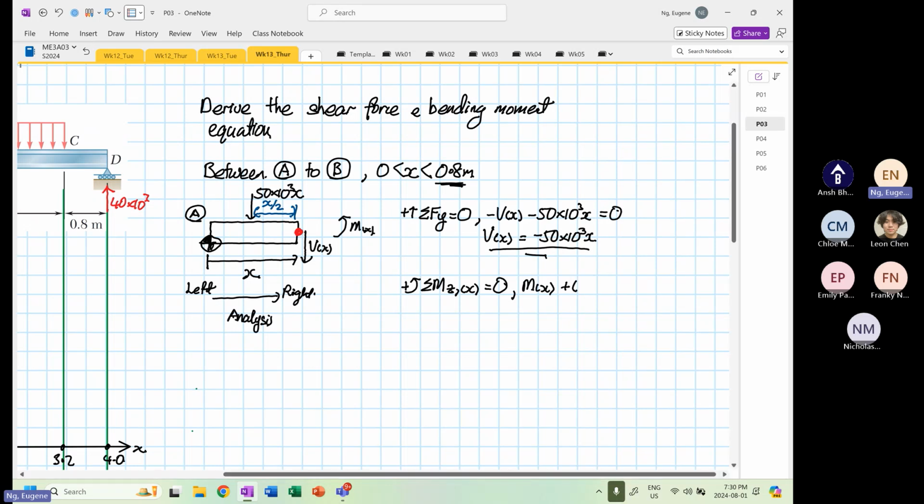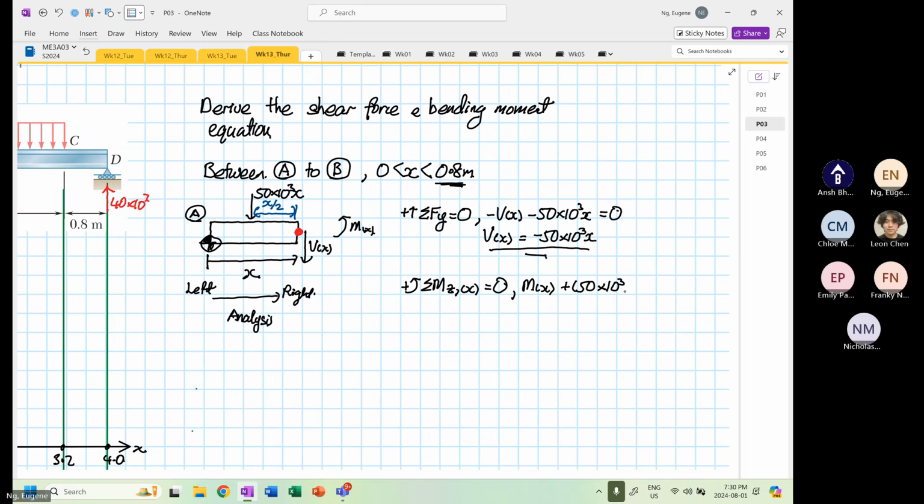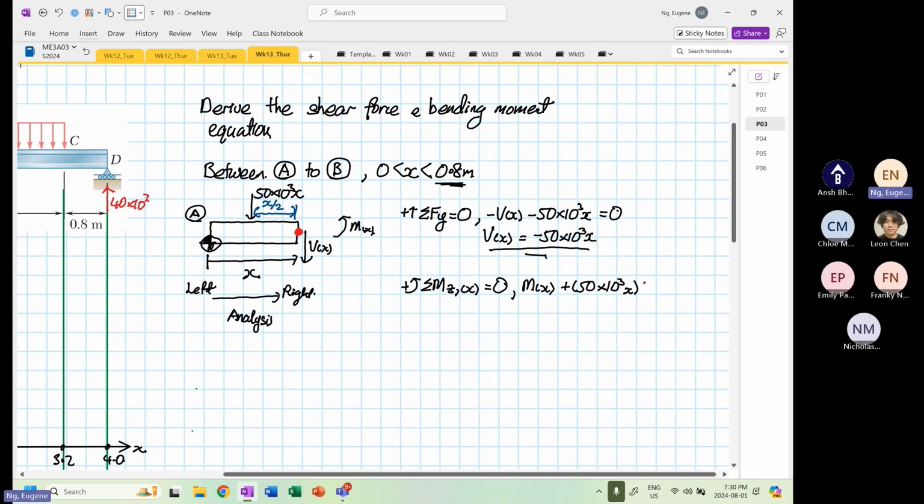So it's equal to plus 50 times 10 to the power 3 x multiplied by x over 2, the whole thing is equal to 0. So M as a function of x is equal to minus 25 times 10 to the power 3 x squared.